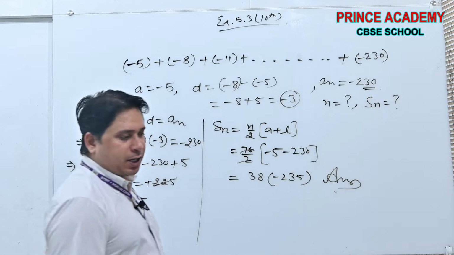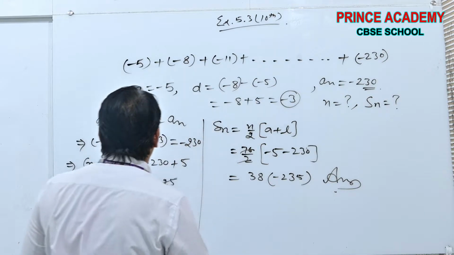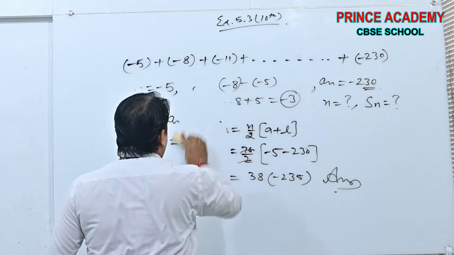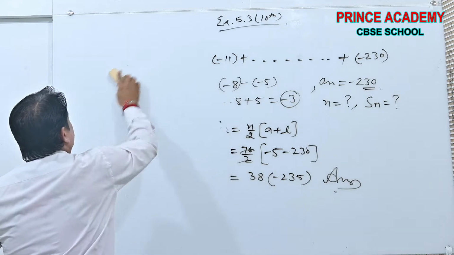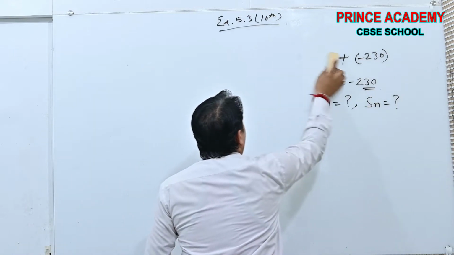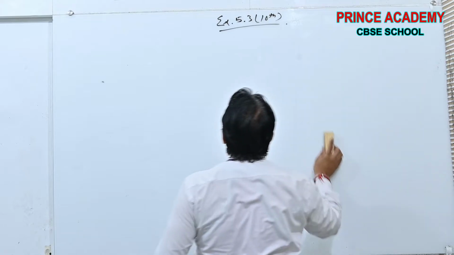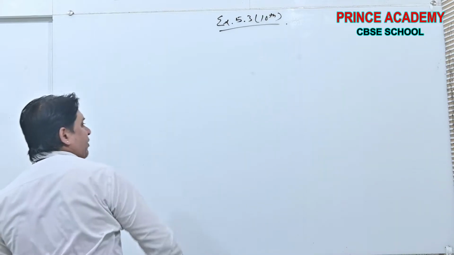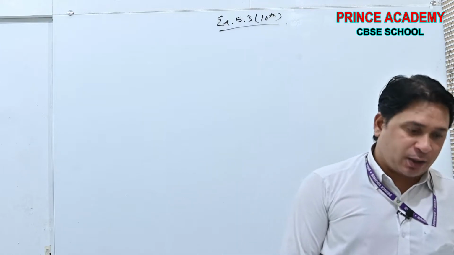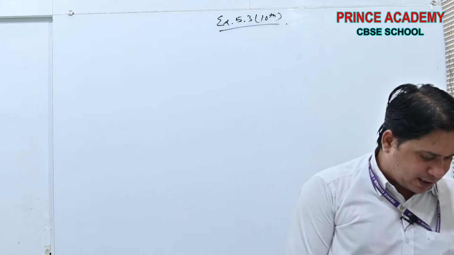Done? Now see, next question we are going to start with. Question number 3. See beta, if you observe question number 3, it is just like question number 1 given in exercise 5.2, where 3 variables were given and one variable was asked.